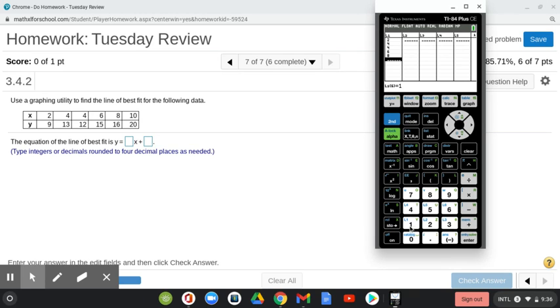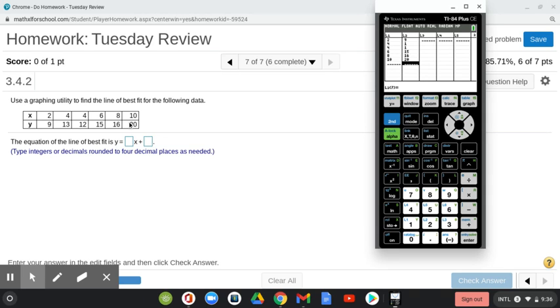I think sometimes you can just type it in the keyboard. Okay, and then the Y values are L2. So that is 9. Yeah, that works. 13, 12, 15, 16, and 20. Yeah, a little bit faster on the keyboard.